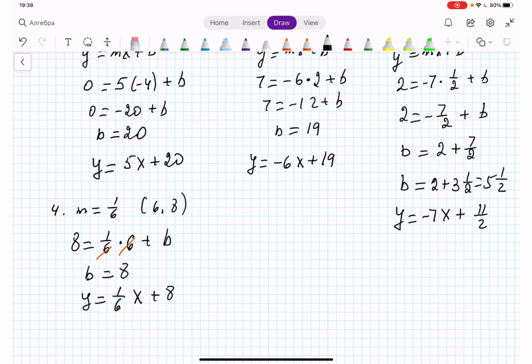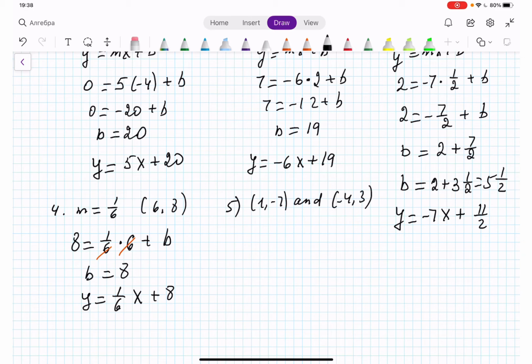Number 5, we need to find the equation passing through 2 points. Now, instead of a slope we are given 2 points, which is not a big deal. Once we have 2 points, we know how to find the slope, right? So we have (1, -7) and (-4, 3).